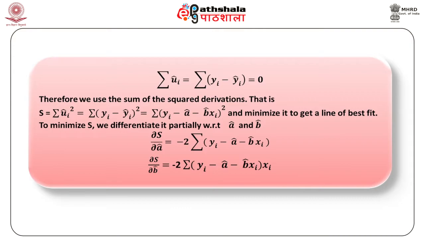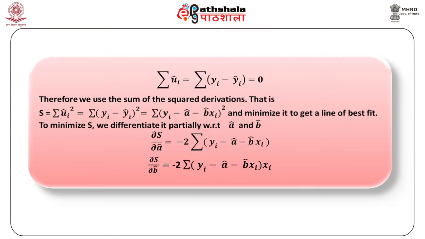Therefore, we use the sum of the squared deviations. That is, S equals summation ui cap whole square, which equals summation yi minus yi cap whole square, which is further equivalent to summation yi minus a cap minus b cap multiplied by xi whole square, and minimize it to get a line of best fit.